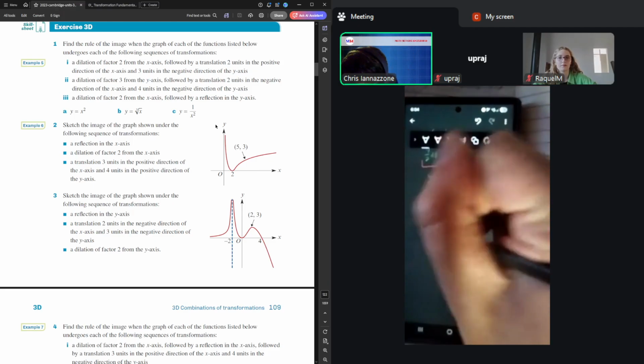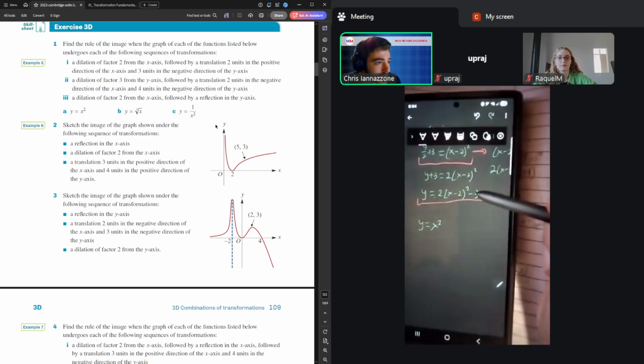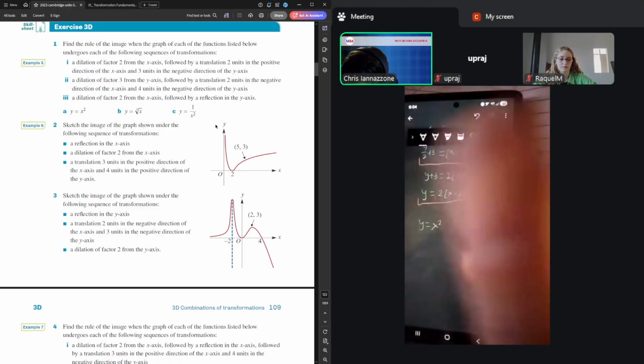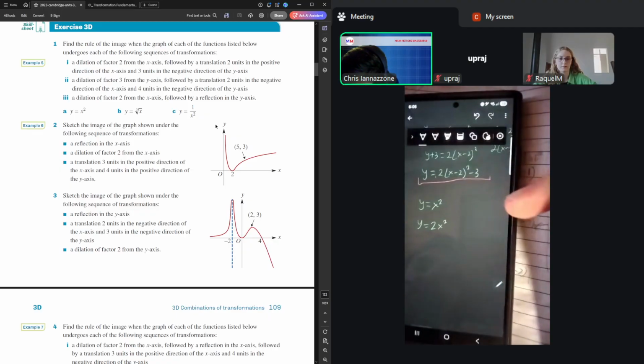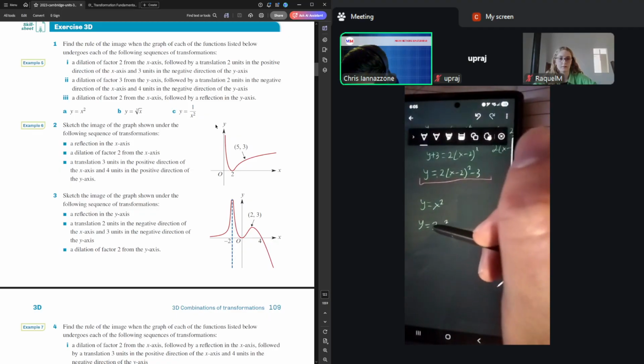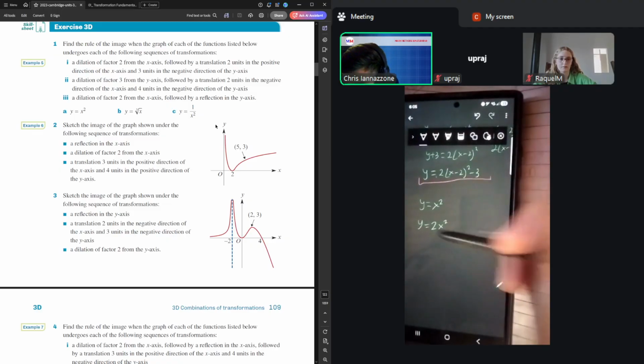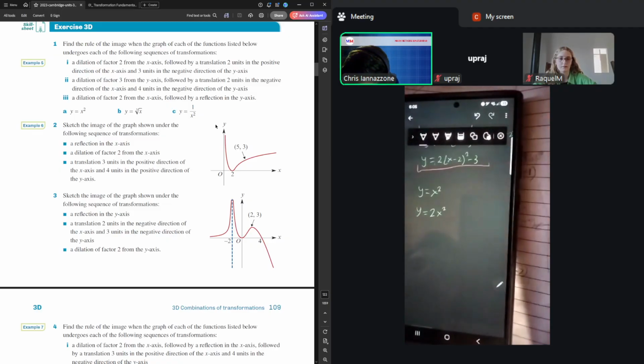So you have your y equals x squared. The first thing you have is a dilation factor of 2 from the x. We know that impacts the y, and that looks like this. That's the shortcut: any dilate factor that impacts the y just goes right at the front of whatever you currently have. Then from there, it was a translate of 2 in the positive direction of the x.